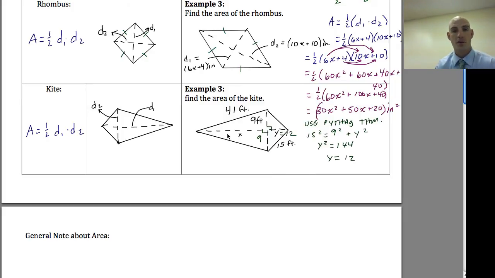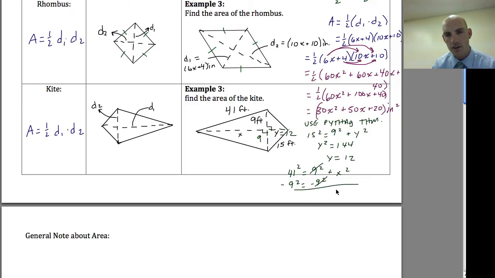Let's use Pythagorean theorem again to find this one. In this case, hypotenuse is 41 squared. Kind of looks like a 9, so let's change that. 41 squared equals 9 squared plus x squared. We solve it down. We'll subtract 9 squared from both sides, minus 9 squared.